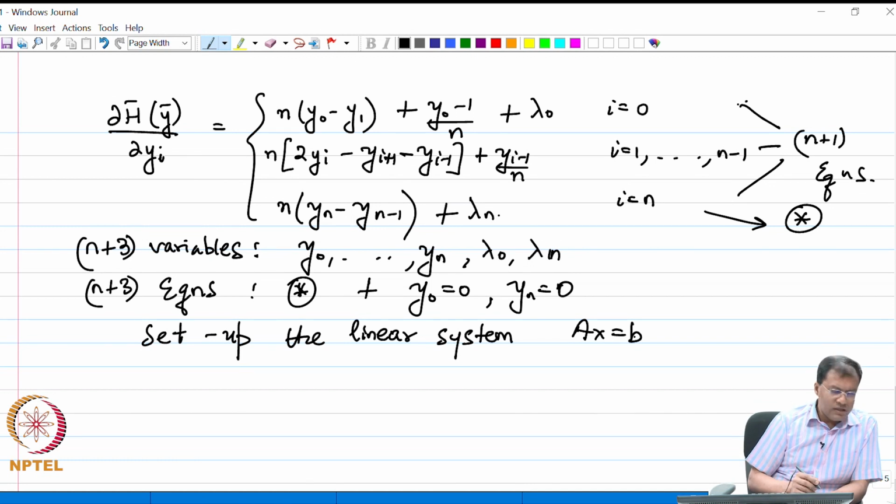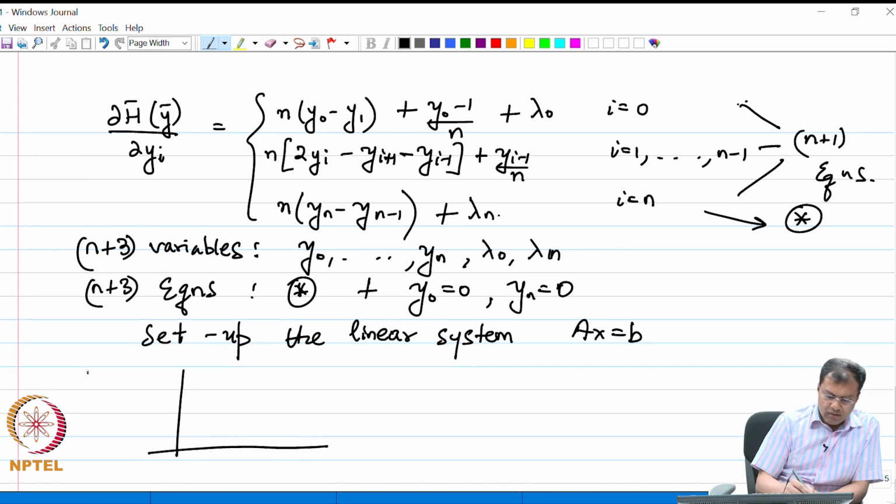But just to highlight how this solution compares with our exact solution, I have done some numerical simulations, and I would like to compare how it matches with the exact solution.